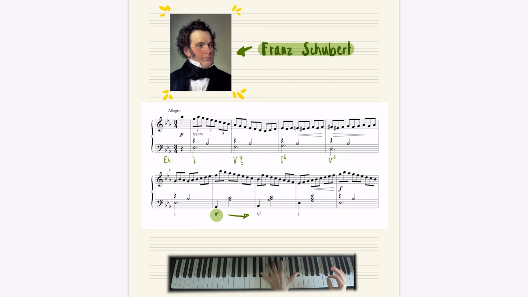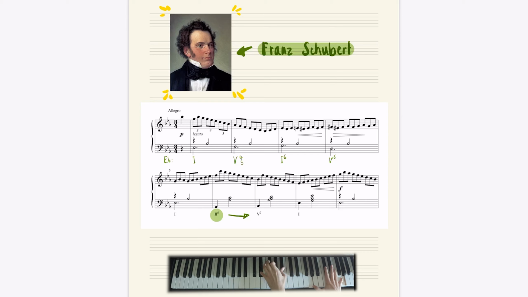And let's start by analyzing it just very briefly. Schubert, we are in the key of E flat major, right? And Schubert starts with the tonic in the first measure. Tonic in E flat major, chord 1.